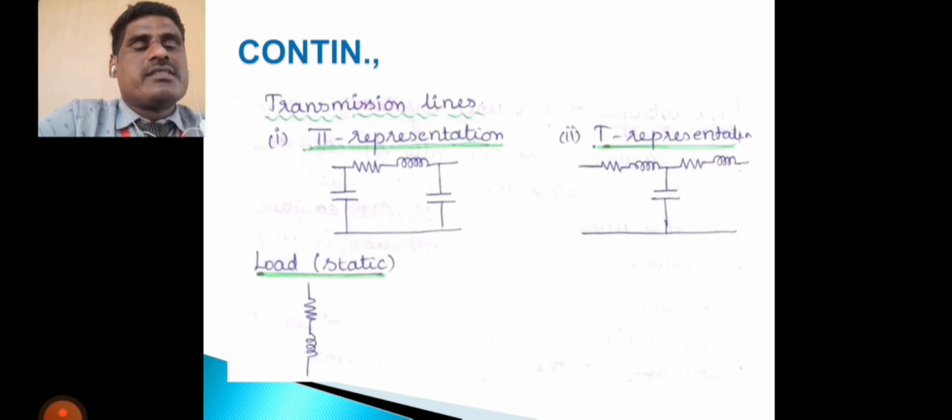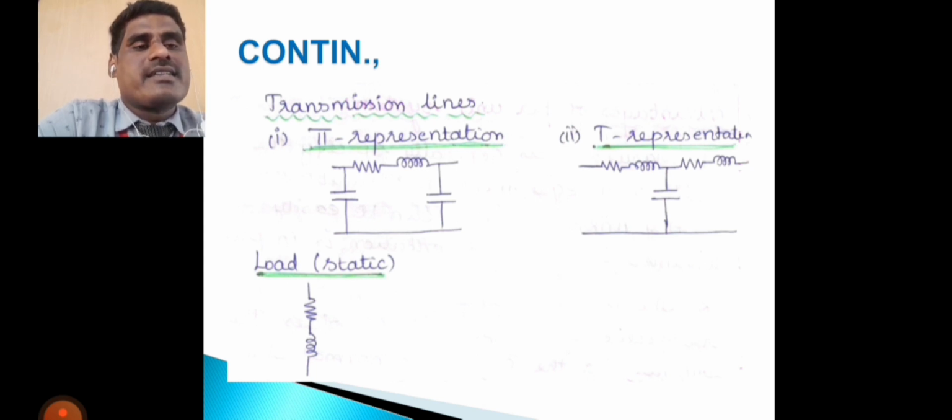And the next one is the transmission line, which has two different types: the pi representation and the T representation. In the pi representation, two capacitances are present, on the left hand side as well as the right hand side, and in the middle resistance and inductance are present. In the T representation, only a single capacitor is present, with resistor and inductance on the left hand side and the same on the right hand side.